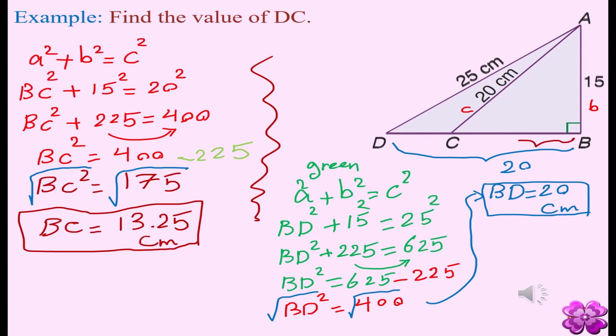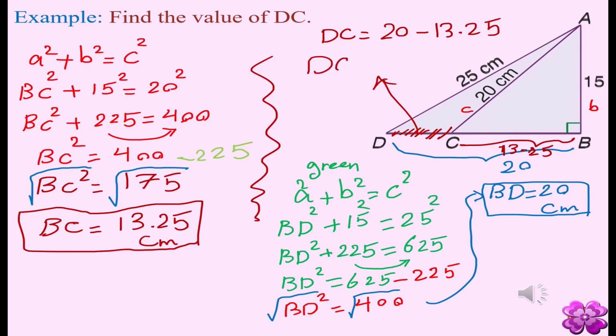And from here to here, we got 13.25. Yes? To find DC, which is this part, easily we need to subtract. So, therefore, DC is nothing but 20 centimeters, take away 13.25. So, therefore, DC would be almost 6.8 centimeters.